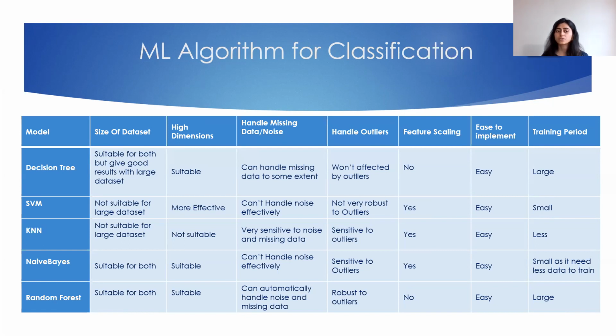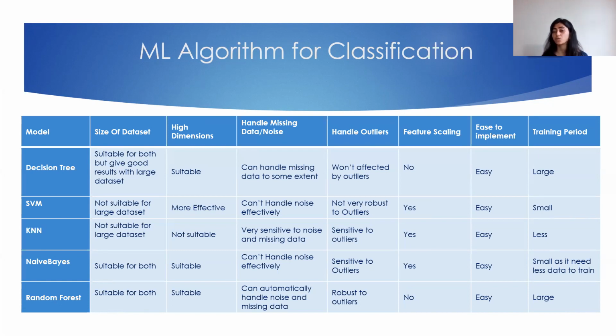So here we talk about the suitability of the algorithms. Suitability doesn't mean you can't use these algorithms for the problem, but it will not give very good performance. The accuracy will be less. So we recommend you first choose the algorithm which is suitable according to your data set.